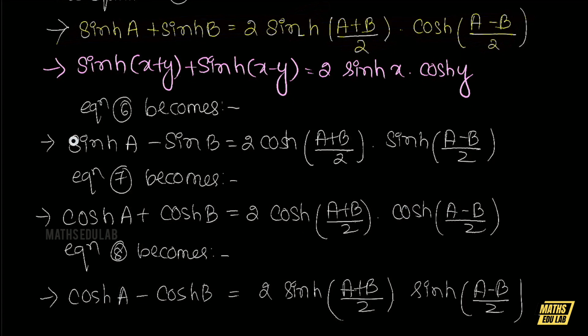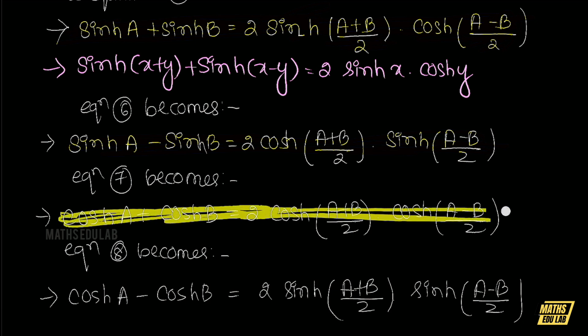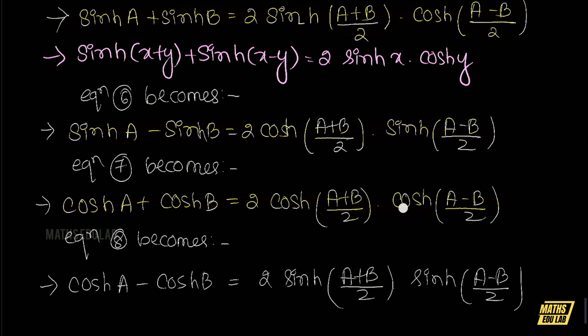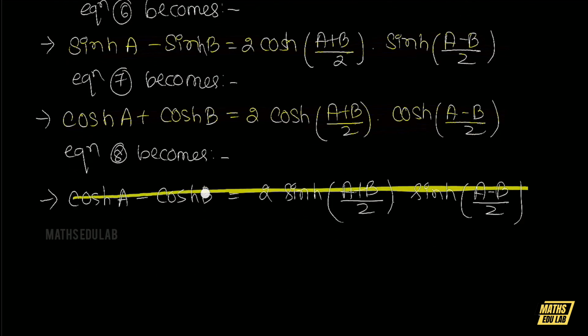Similarly, we have the formula for sine hyperbolic a minus sine hyperbolic b. Here I forgot to write h. And then the formula for cos hyperbolic a plus cos hyperbolic b is this. This is what we got here.